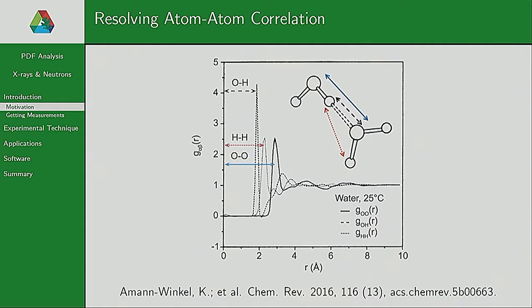We'll also have oxygen-hydrogen / hydrogen-oxygen, and those will have their own intrinsic positions, where you'll have peaks where you have these bonds and areas where you don't. And finally, you have hydrogen-hydrogen. When you combine all these together, you get the total pair distribution function. Although these little breakdowns are usually what's interesting when you're trying to analyze a structure or look into what's going on in your system.